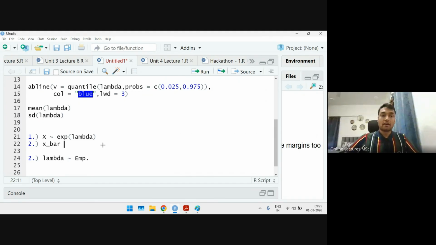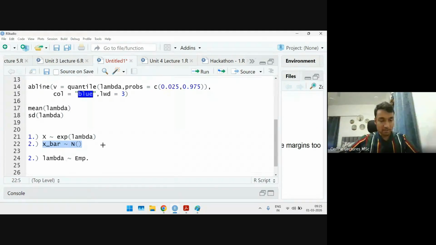If you remember the concept of CLT, basically it says that I don't care what the distribution of x is. Exponential, normal, gamma, doesn't matter. If you try to find out the distribution of x bar with a large number of iterations, this would now start to follow normal with its respective parameters.